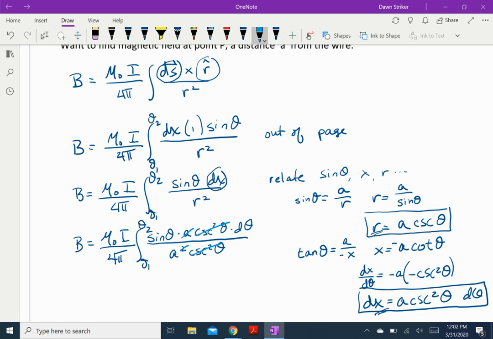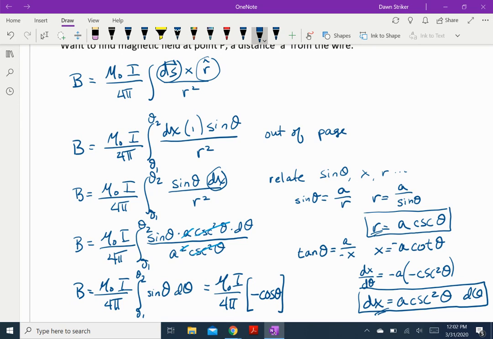One of the a's goes away, and we're left with something that is pretty straightforward. B is equal to mu sub 0 I divided by 4 pi times the integral from theta 1 to theta 2 of the sine of theta d theta, which is the same as mu sub 0 I divided by 4 pi times what? Negative cosine theta from theta 1 to theta 2.